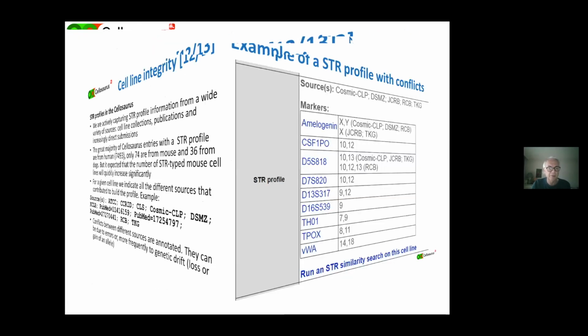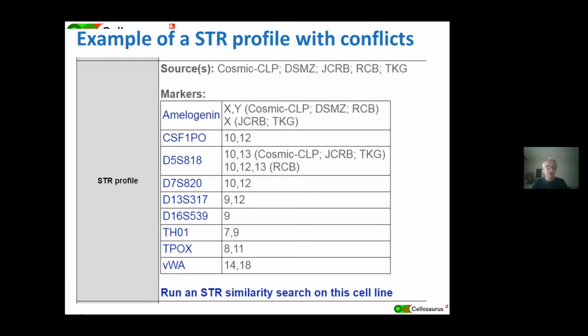Here is an example of an STR profile, and you can see that here the cell line seems to be from male. It has X and Y, but two cell line collection have not found the Y chromosome in this cell line. The amelogenin Y loci. That happens quite often.